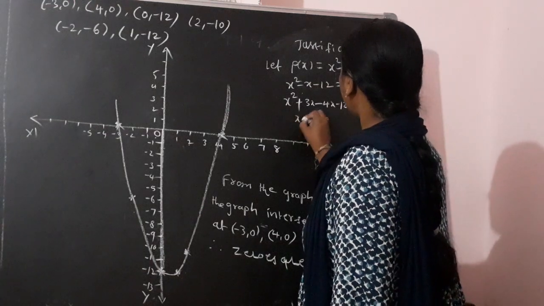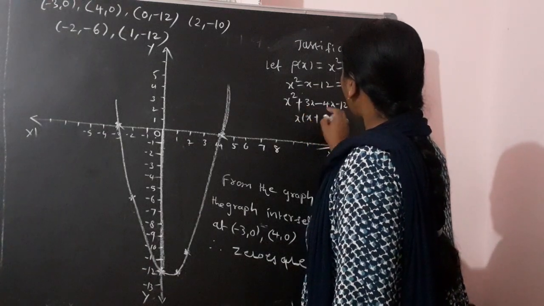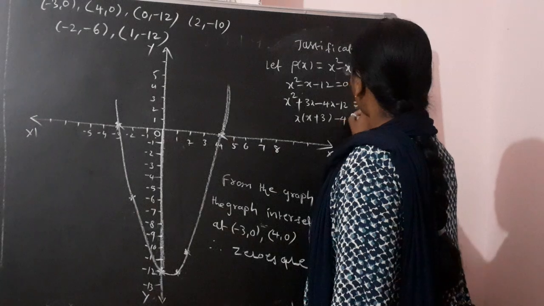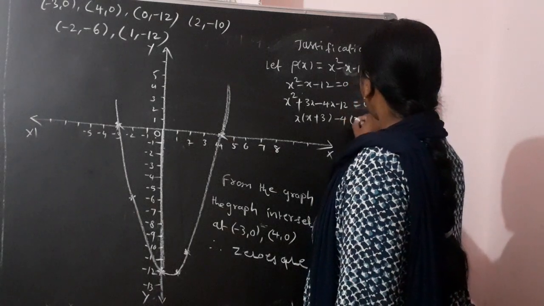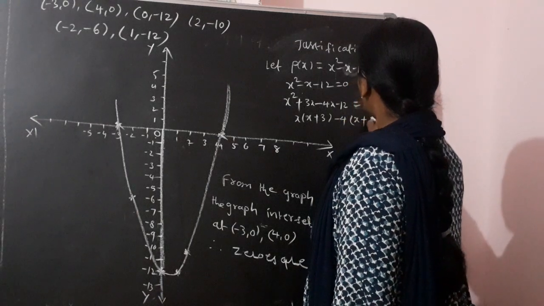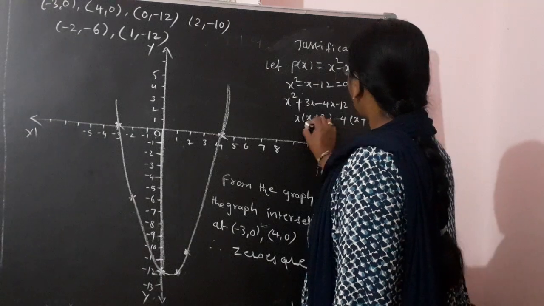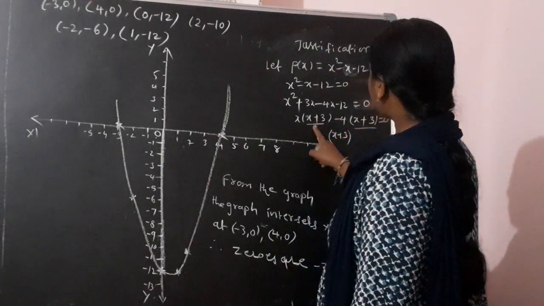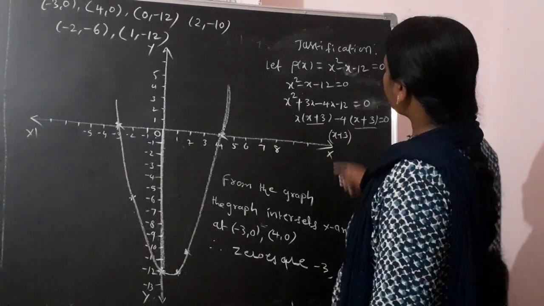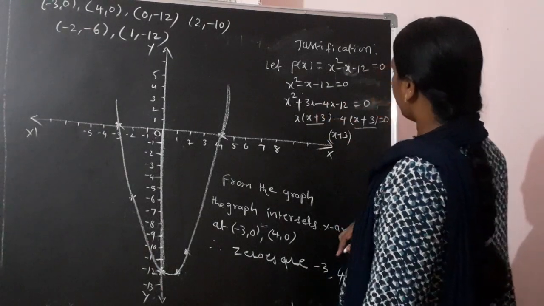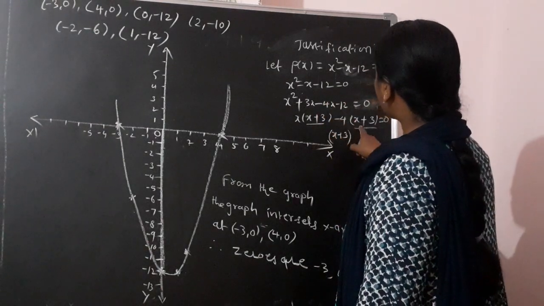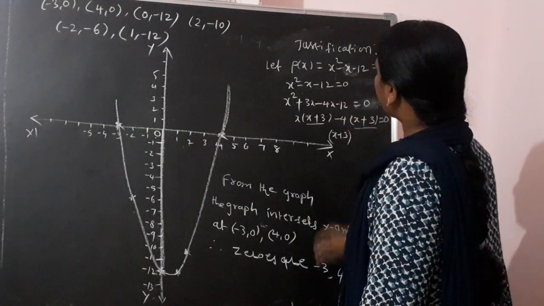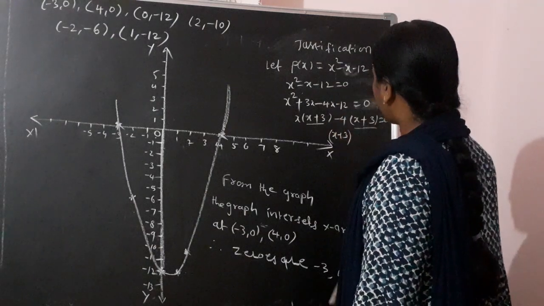So take x common, x removed, plus 3; minus 4 common. So here x minus 4 and plus 3, x minus 4, equal to 0. So now x plus 3 is common. When you get the same x plus 3, your splitting of the middle term is right. Whenever these two are not the same, your splitting is wrong, you have to move back and correct it yourself.